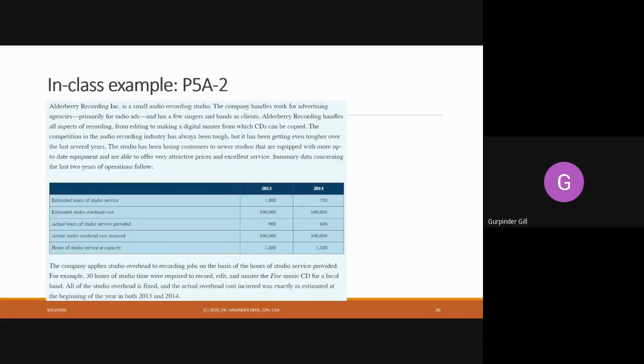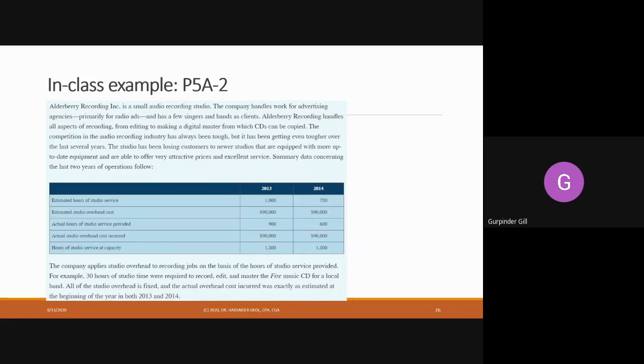The competition in the audio recording industry has always been tough, but it has been getting even tougher over the last several years. The studio has been losing customers to newer studios that are equipped with more up-to-date equipment and are able to offer very attractive prices and excellent service. Summary data concerning the last 2 years of operation follows.